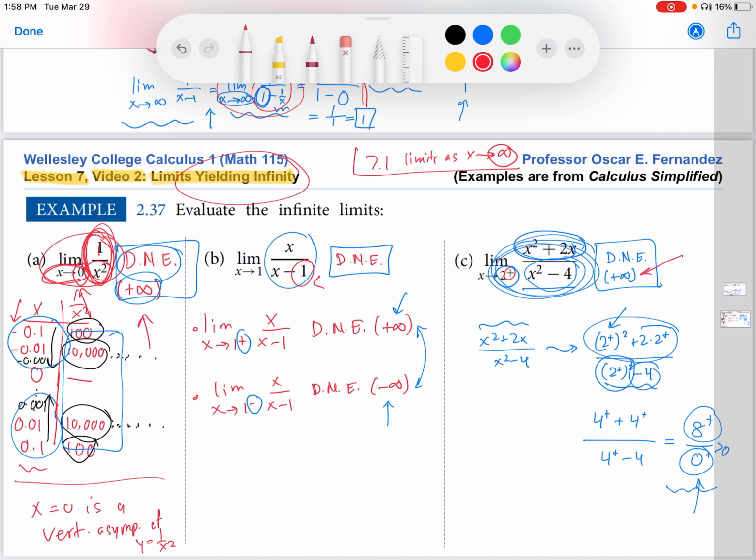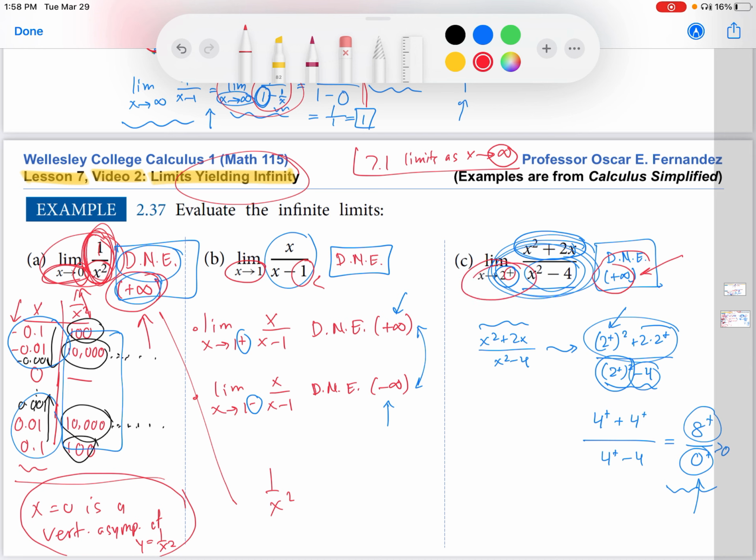And like I said before, if you get to the point where you evaluate the limit as x goes to a number and you get some form of infinity, as we did here and here, then that tells you that the functions have vertical asymptotes. So for sure, 1 over x squared has a vertical asymptote at x equals 0.